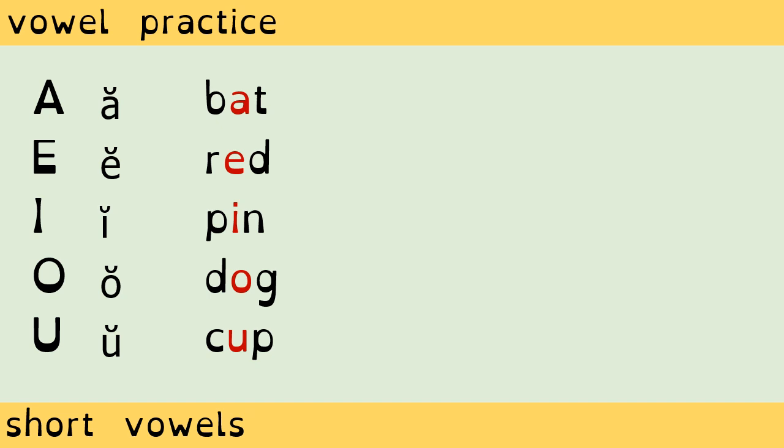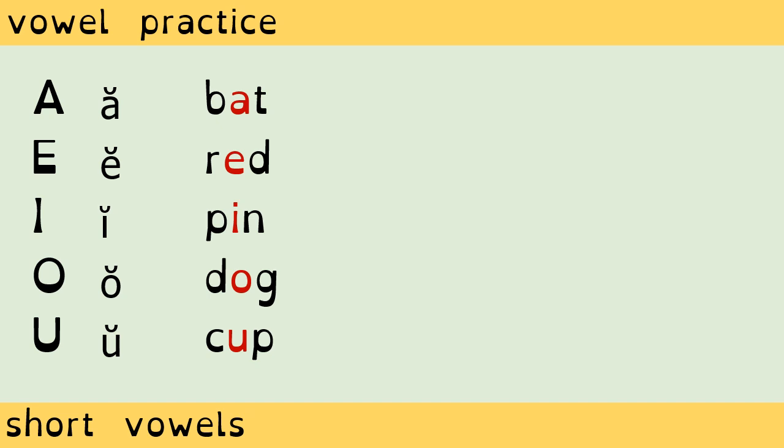Perhaps the hard part about short vowel sounds is that they don't match the names of the letters. The long sound for the letter A is A. That is easy. The short sound for the letter A is A. That is a bit harder, at least at first.